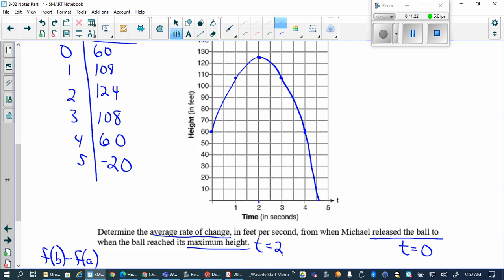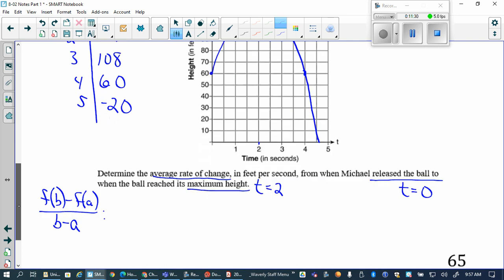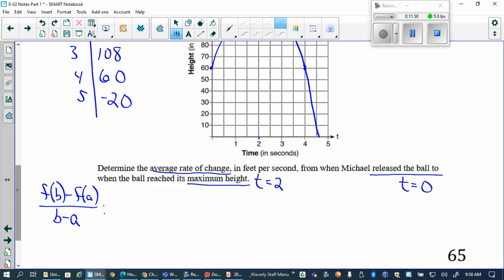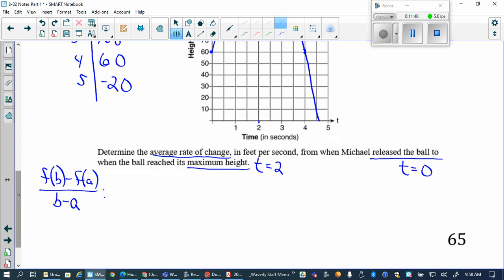But we're looking for this interval here. Remember? This is my A to B for this thing. And this is my f of A to f of B. So instead of f of anything, it's going to be h of what?